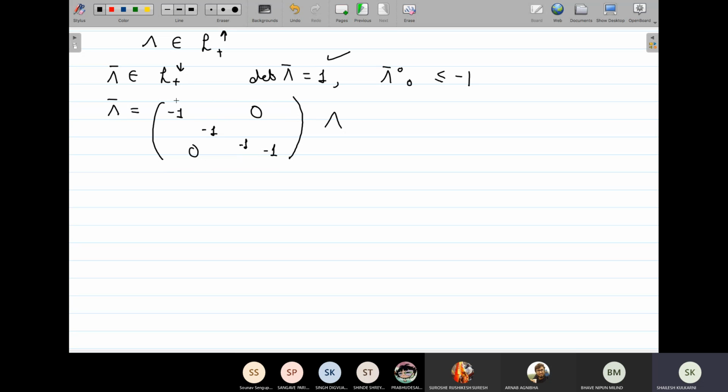And because of this minus 1, and it is given that lambda 0 0 is greater than 1, lambda bar 0 0 will be less than or equal to minus 1. So this is satisfied. So any lambda bar belonging to this can be written as this matrix multiplied by a suitable lambda in proper orthochronous transformations. From that, we can generate this element of L plus down.